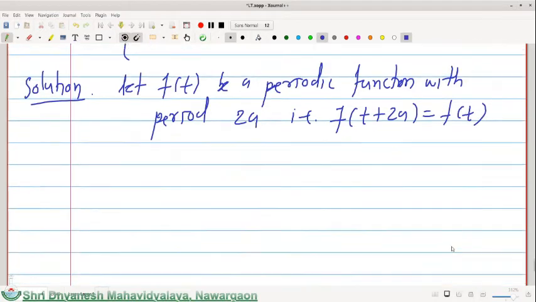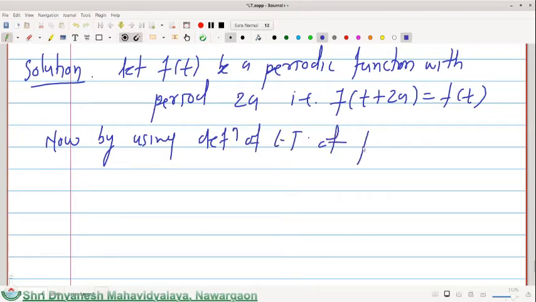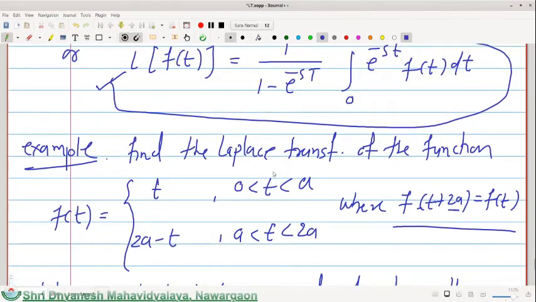Now we use the definition of the Laplace transform of a periodic function f of t. Definition means the result we have proved in the last theorem, this.